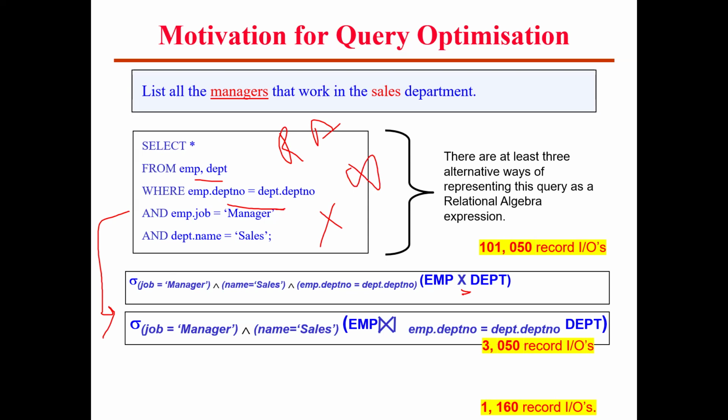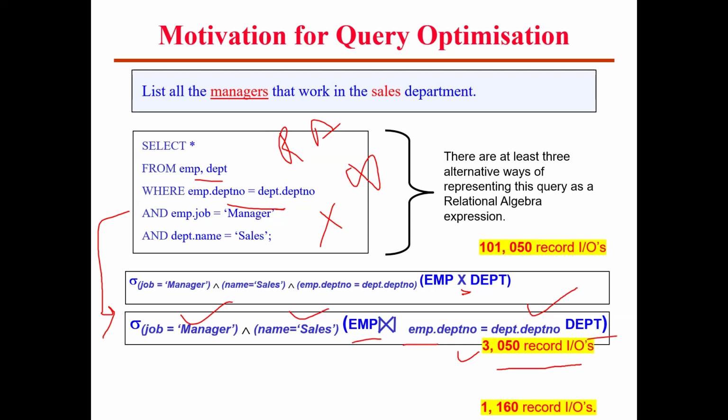Now, the second query we wrote by using a join, which is only taking 3,000 record IOs. It means it is accessing only approximately 3,000 records to get me the names of managers who are working in the sales department from these two tables, the employee table and the department table.